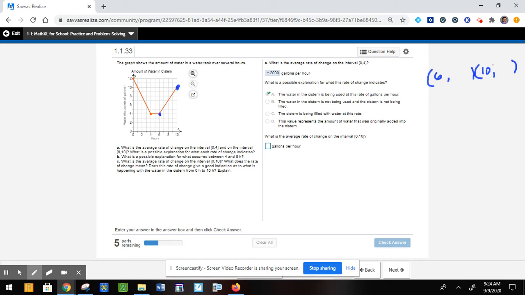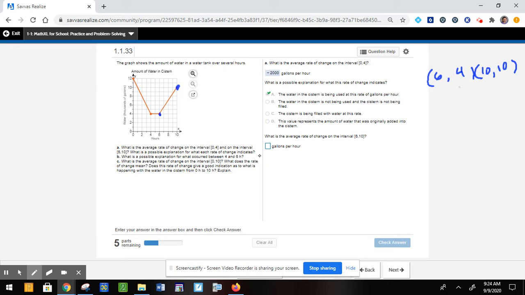Let's figure out the y values associated with that. After 6 hours, there are 4,000 gallons. After 10 hours, there are 10,000 gallons. So I just need to figure out the slope between those.